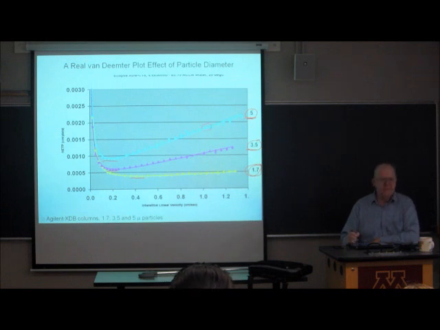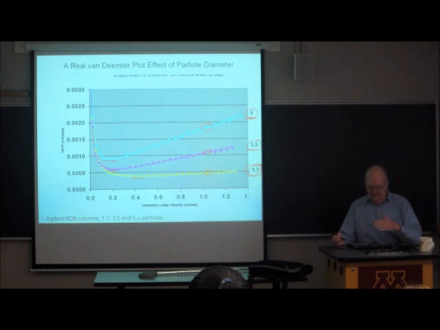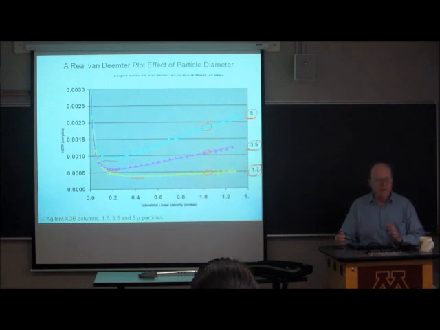The slope went down to where it almost looks flat. It's not. There is a minimum in this curve, and then it does come up, but it comes up very slowly.